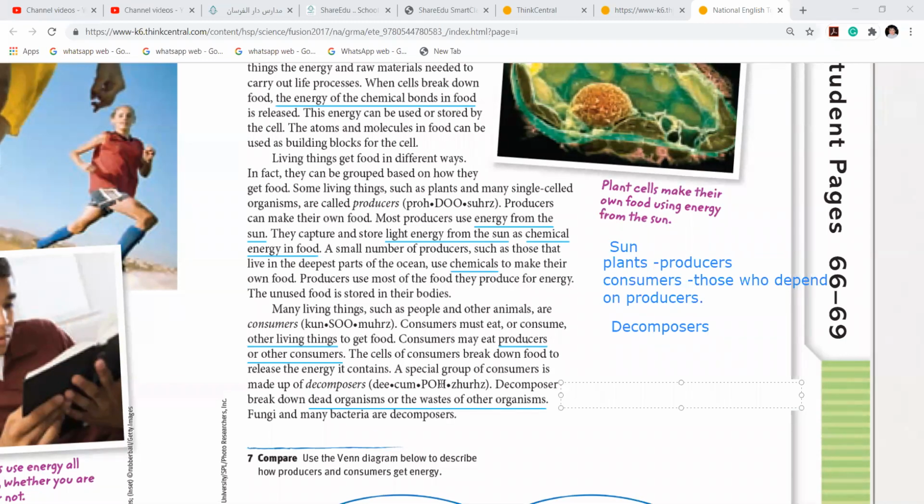A special group of consumers is made up of decomposers. Decomposers break down dead organisms or the waste of the organisms.